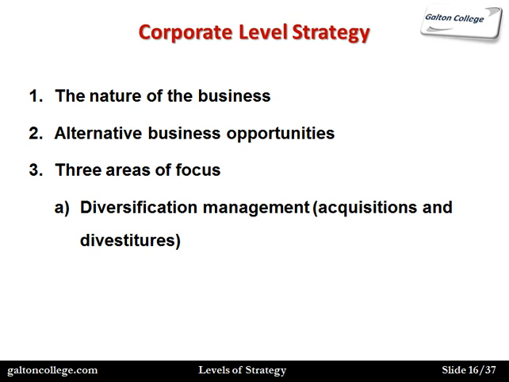In other words, it's going to sell off part of its business so as to focus more narrowly on what it can do best and thereby cut costs. So the management is constantly on the lookout for opportunities, ways of expanding the business, perhaps through acquisitions, or divestitures, looking at ways of cutting back on the business to focus more entirely on a certain range of products and thereby reduce costs.